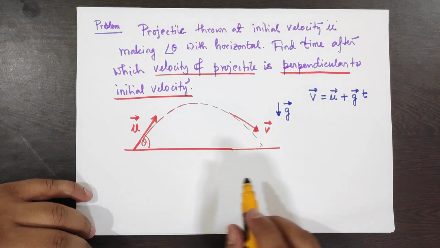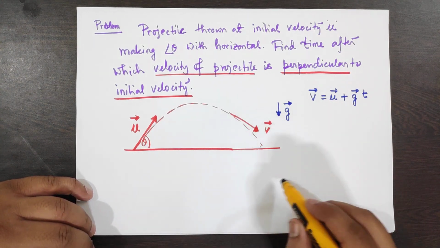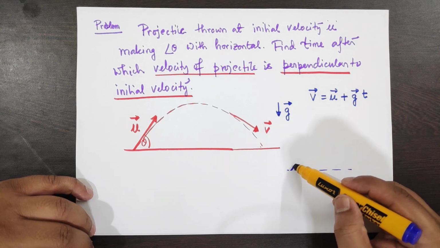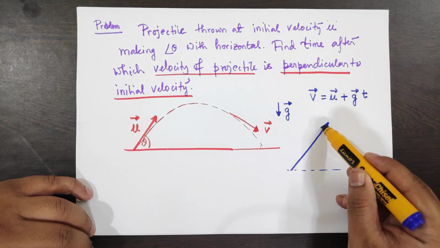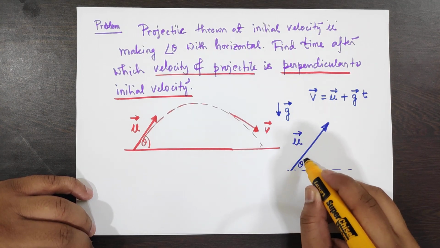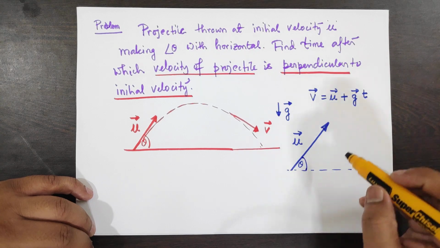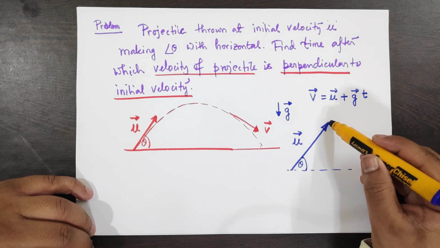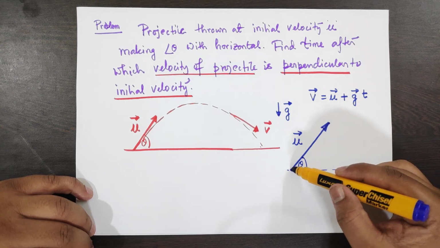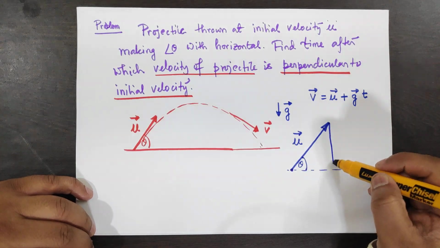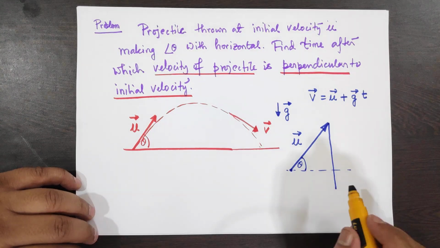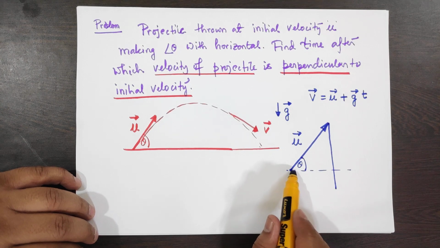Now what you have to do is draw a diagram. That's u, a horizontal line, that is the vector u. I'll write the magnitude is also u. This makes angle theta. Now u plus gt, so we will use the triangle law: u vector plus gt vector will make v vector.